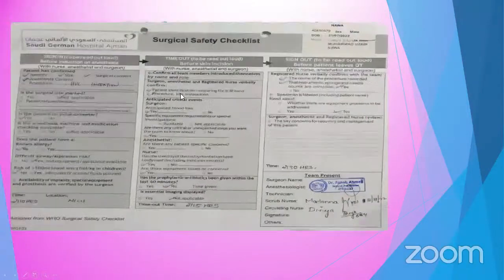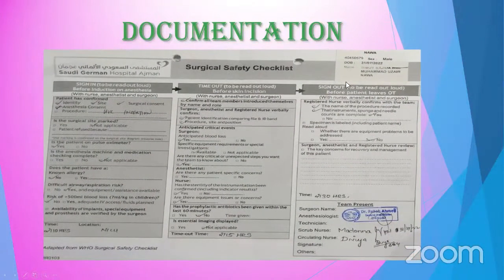And then here is the surgical safety checklist. Before sign in, before induction, no anesthesia was given anyway. The patient has confirmed identity, site, surgical consent, and procedure, UVC insertion. Is the surgical site marked? Not applicable, we are not marking.